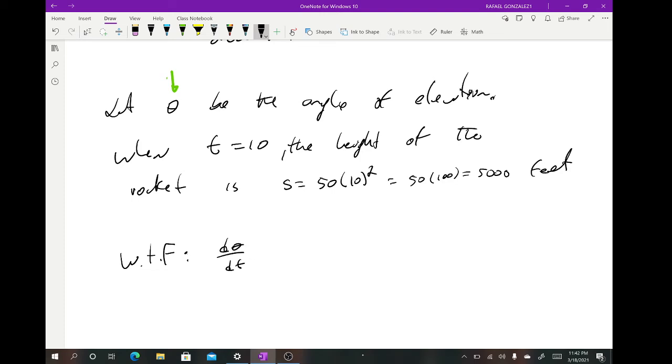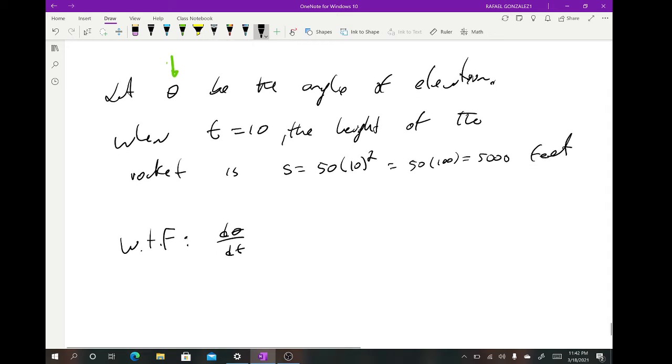So that's what we want to find, again, when t equals 10 seconds after liftoff. And by the work we did up here, the position of the rocket is 5,000 feet in the air.